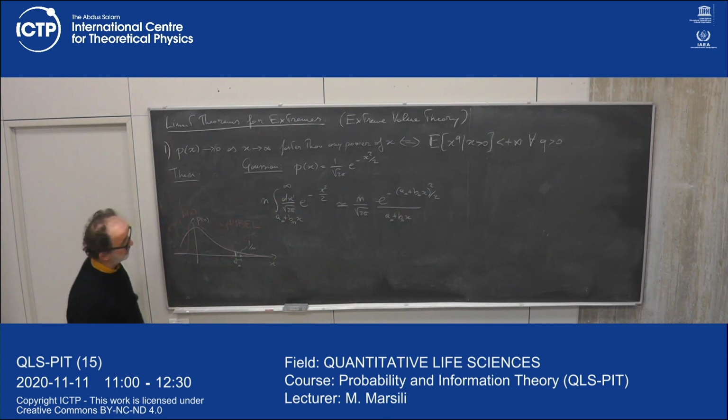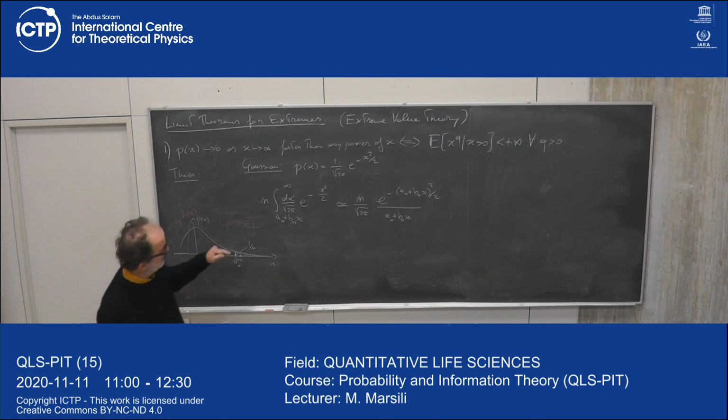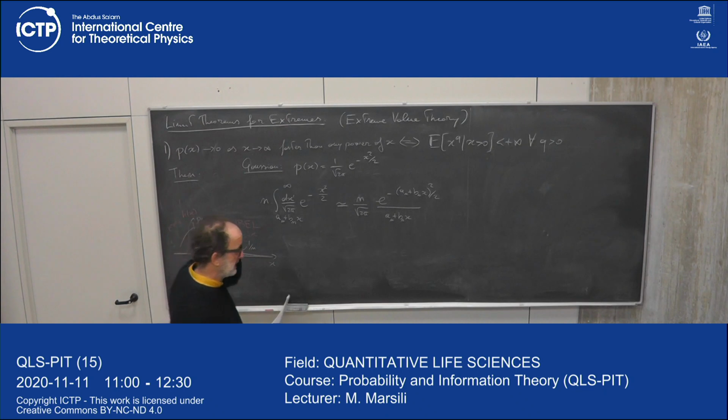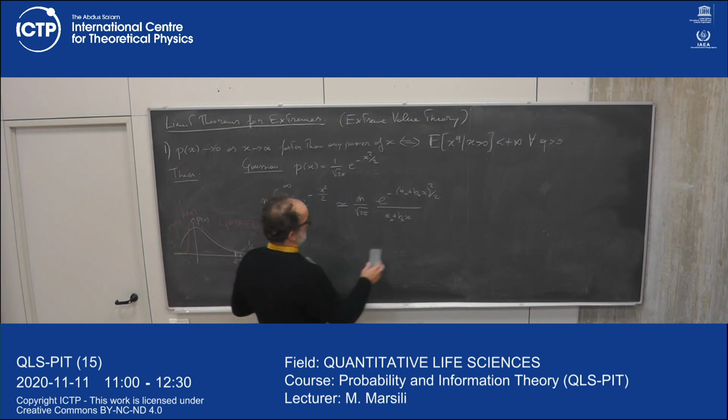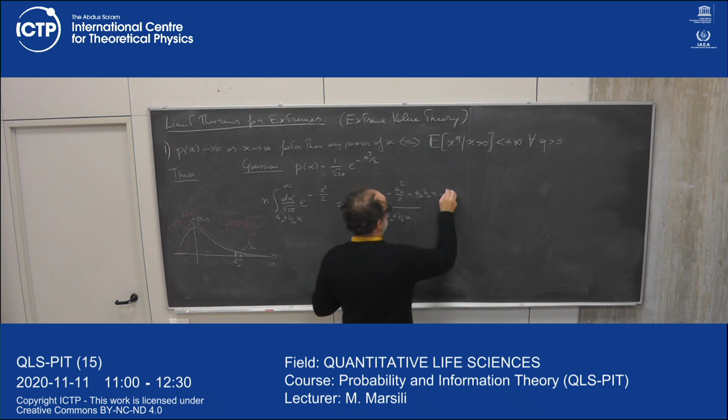Okay? Very good. Now I want to make this finite, and let me expand this in more detail. So this is an squared over 2 plus an bn times x plus bn squared x squared over 2.